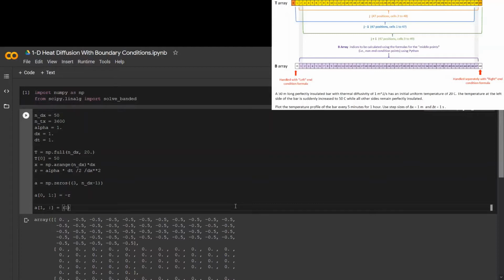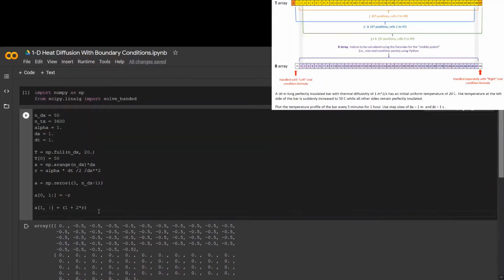It looks like it's 1 plus 2 times r. We call this r, okay. And then let's not forget, all the way at the bottom where our boundary is 1 plus r. That would be in the same row, but the associated index, that'd be 48, and we want that to be 1 plus r.